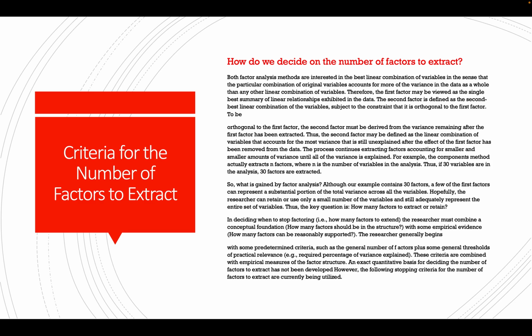The process continues extracting factors accounting for smaller and smaller amounts of variance until all of the variance is explained. For example, the component method actually extracts n factors, where n is the number of variables in the analysis. Thus, if 30 variables are in the analysis, 30 factors are extracted.